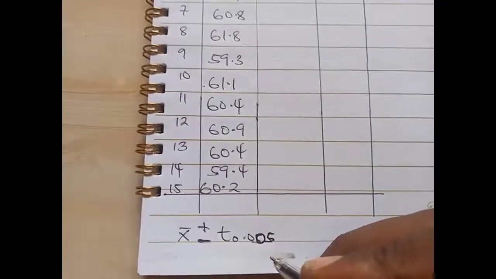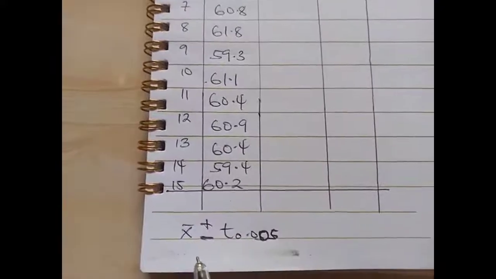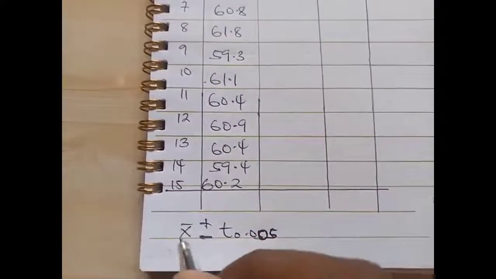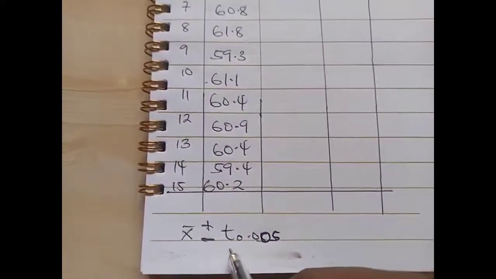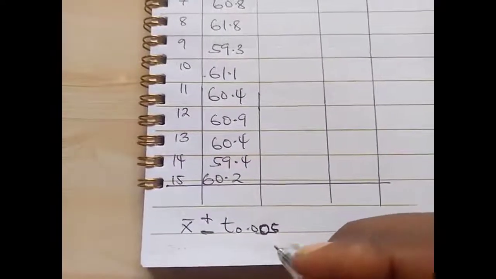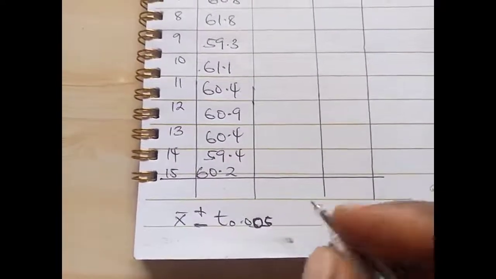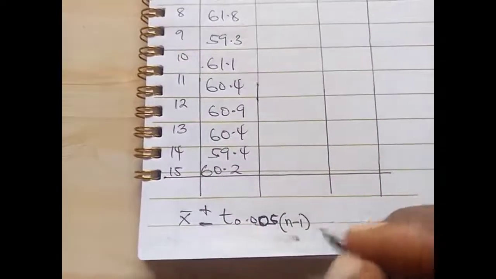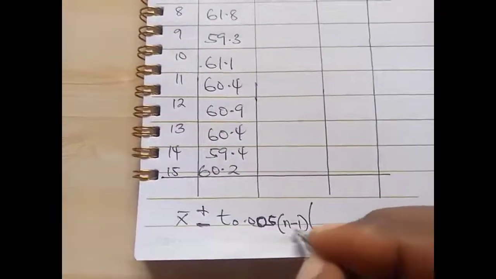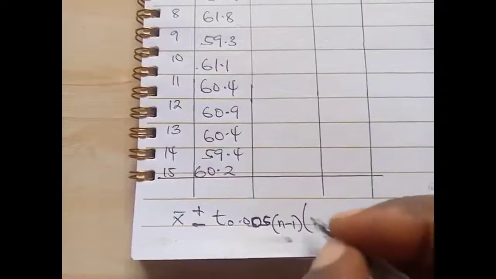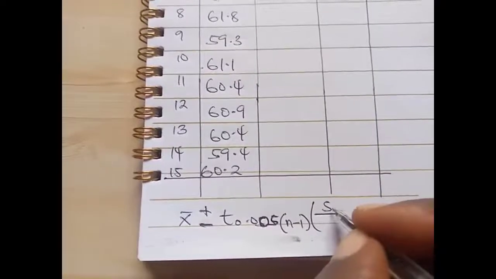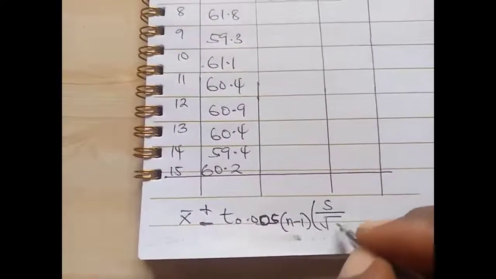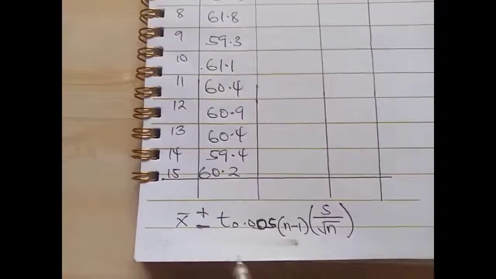But when it is less than 30, it is small, and we'll use the t-test. So t 0.005, that's for the 95% confidence interval, with n minus 1, that's degree of freedom, times the sample standard deviation over square root of sample size. So this is the formula.